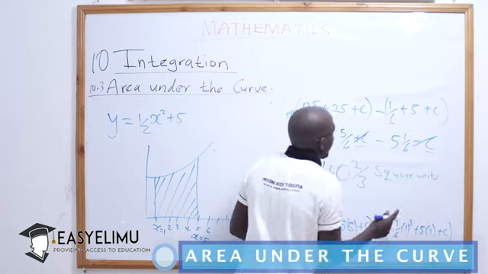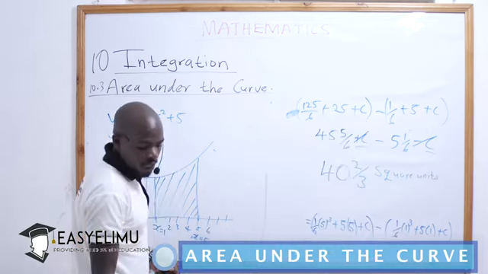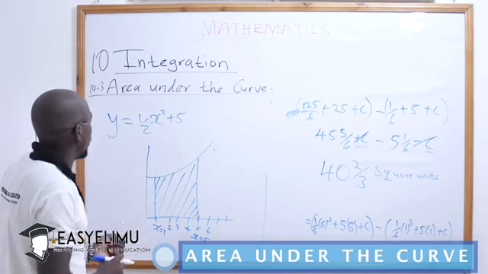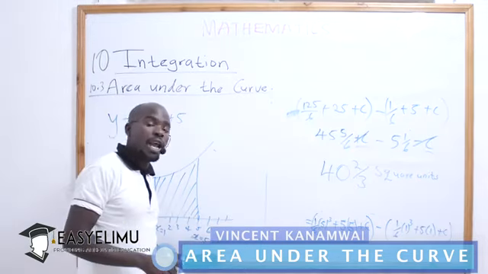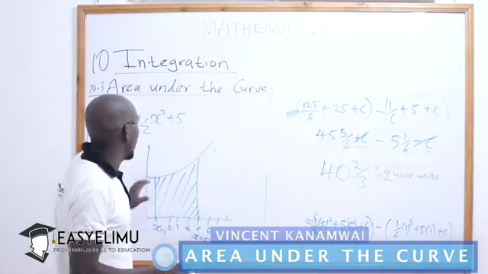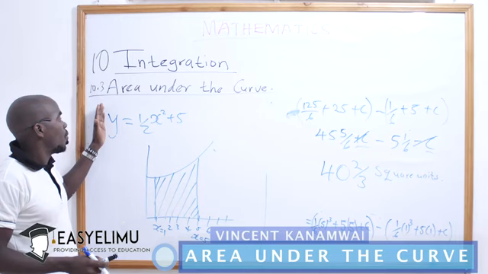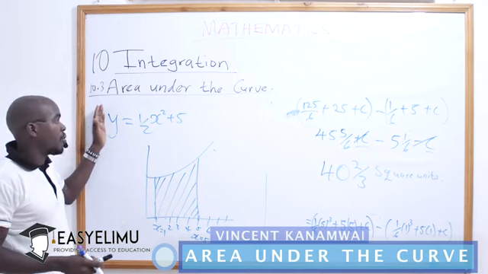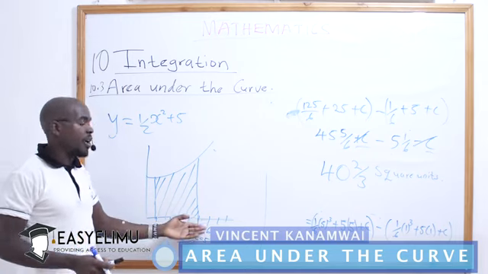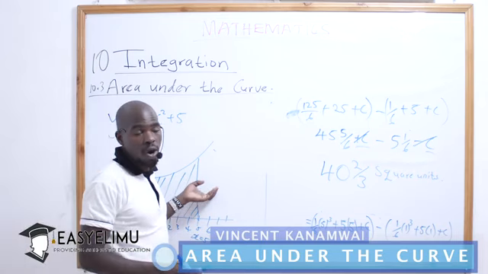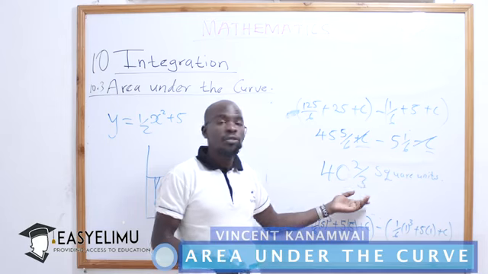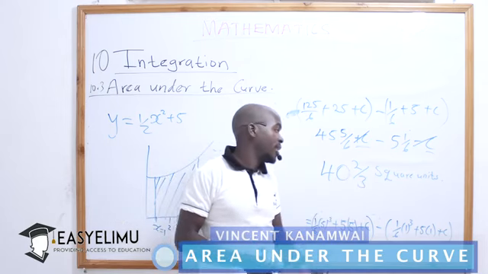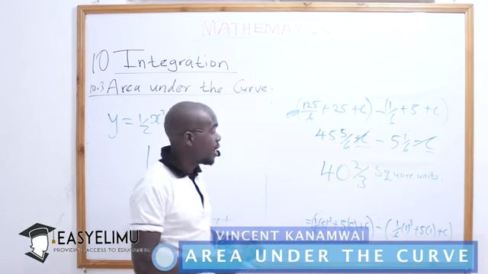Initially, using the trapezium rule for area approximation in 9.3, we found the area of this curve from x equals 1 to x equals 5 being 41. But here we have found the exact area being 40 and 2/3 square units.